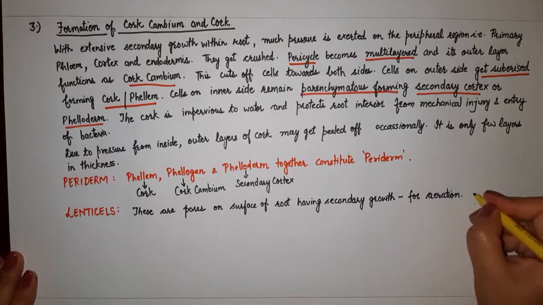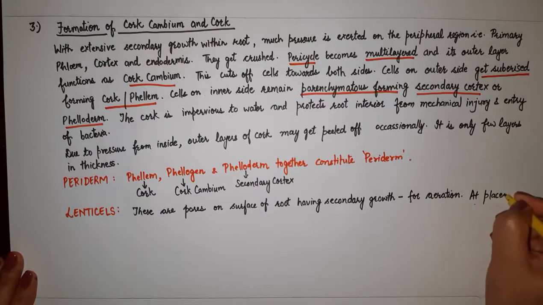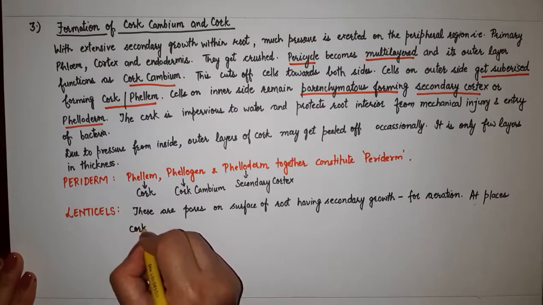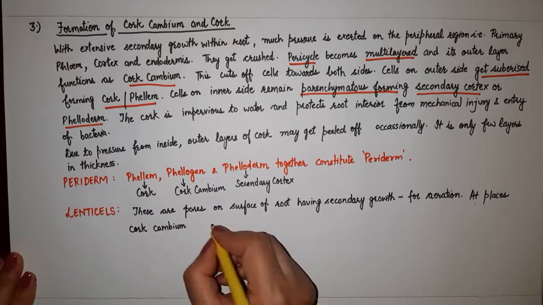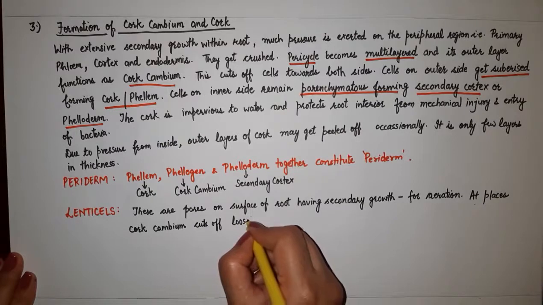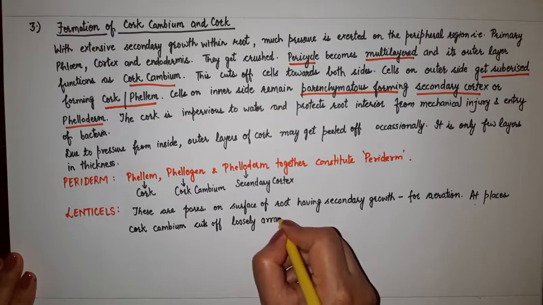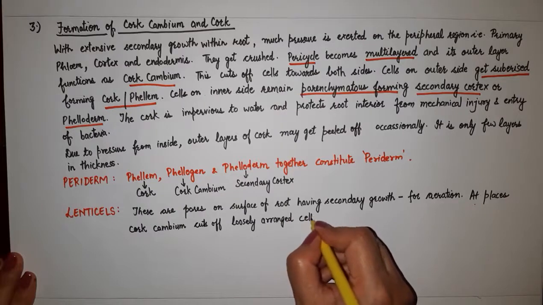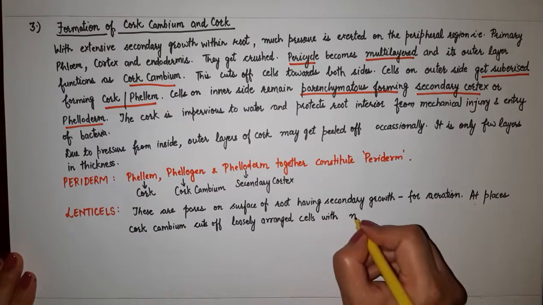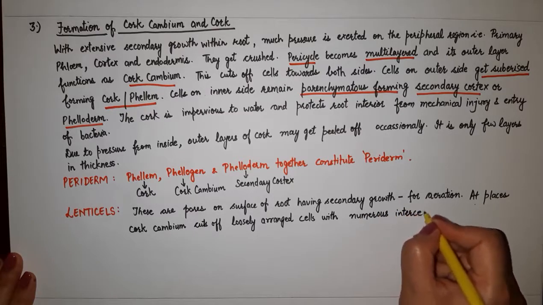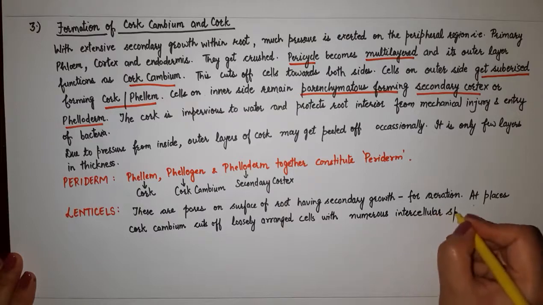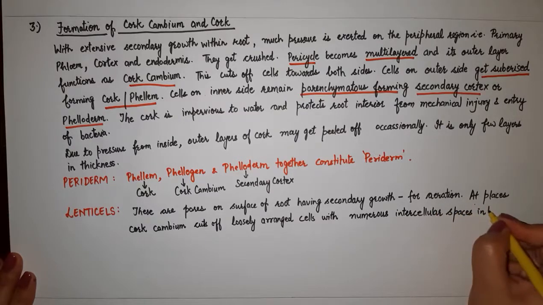How do they develop? At places the cork cambium cuts off loosely arranged cells with numerous intercellular spaces in between the cork.